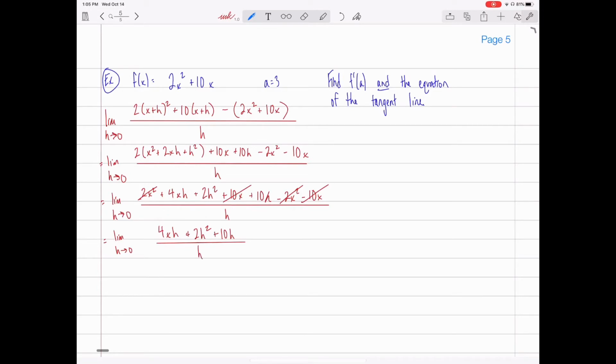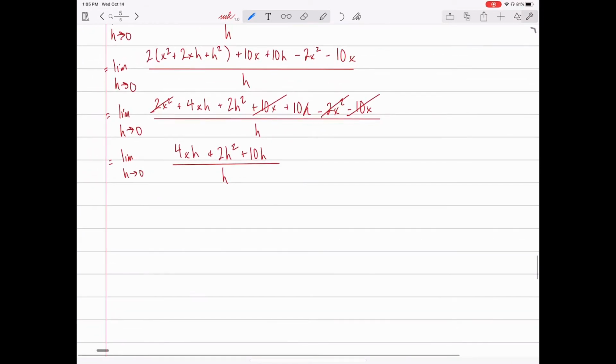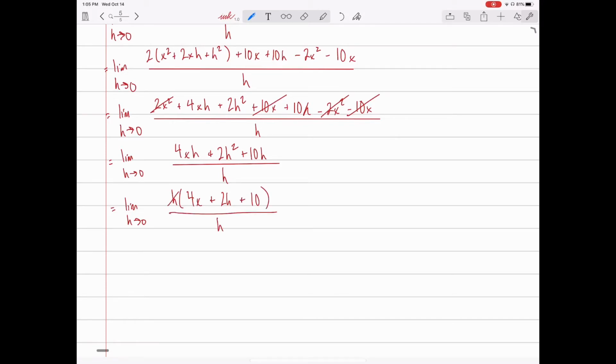Okay, so now you can see that all the terms in the numerator share an h, so now we can take that h out because we're trying to get that h in the denominator to cancel. The whole point of this exercise is to get the h in the denominator to cancel. So we take the h out. Get that, let's cancel the h's.